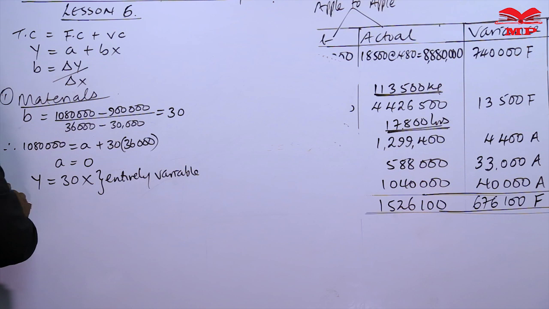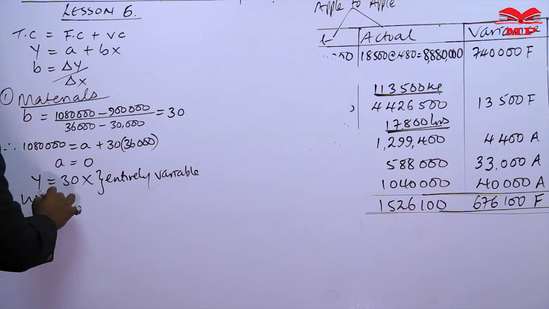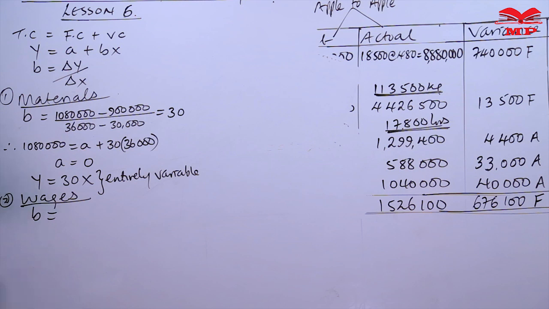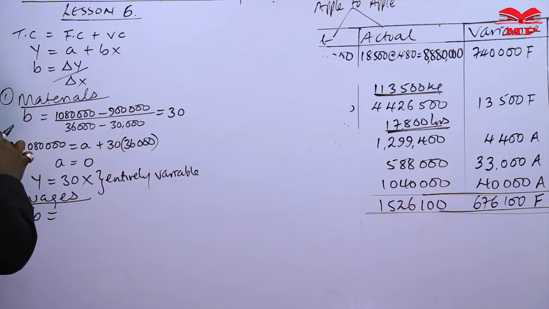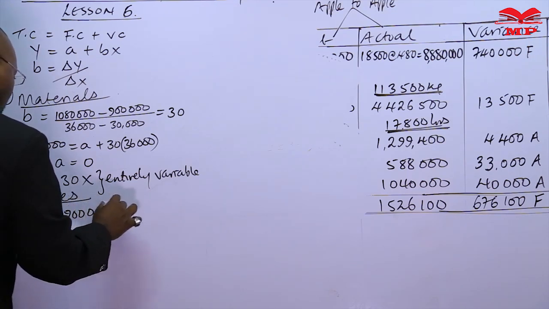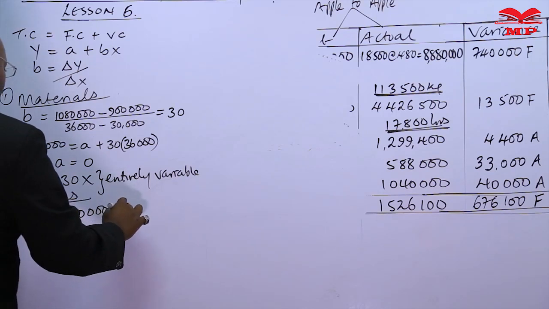Then we come to number 2. Number 2 is the wages. And for wages, b shall be the change. The cost here is 900,000 minus 750,000.